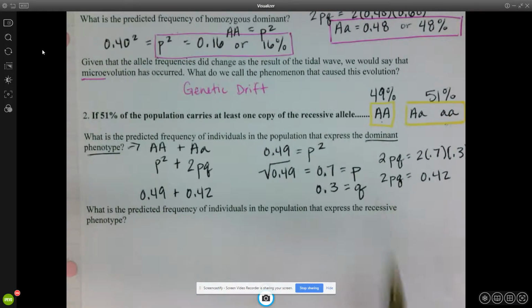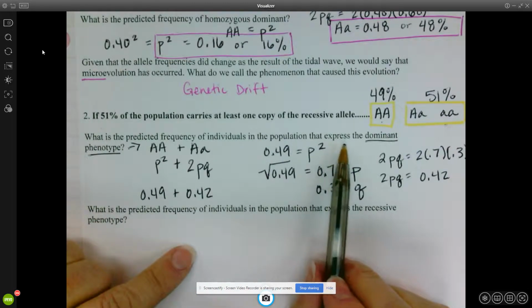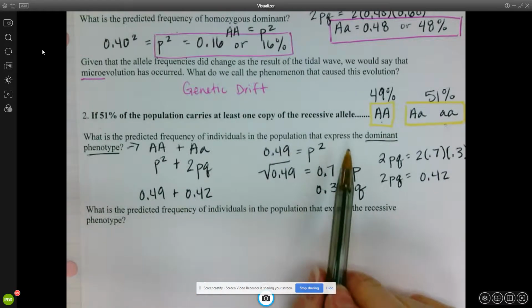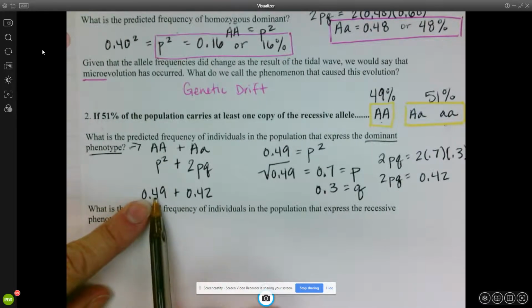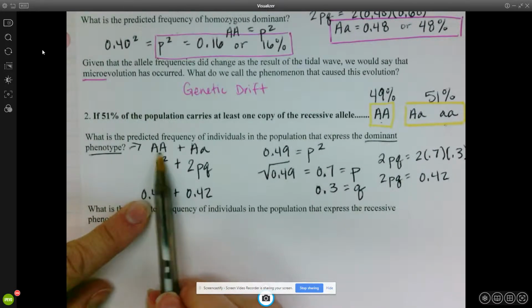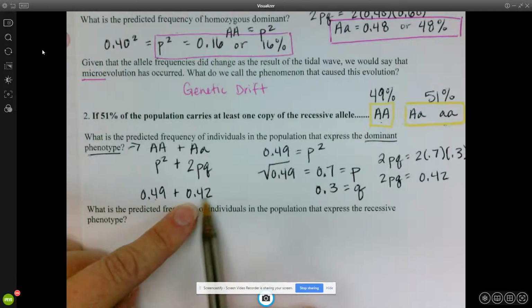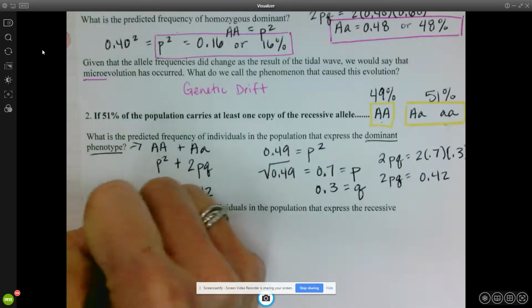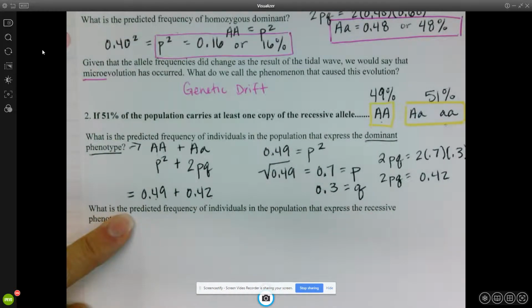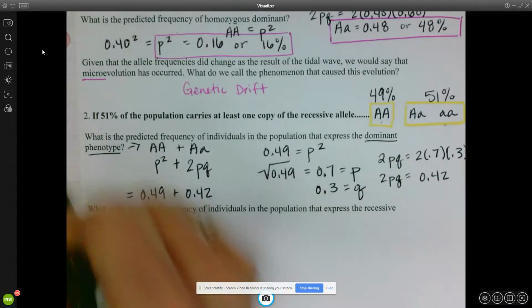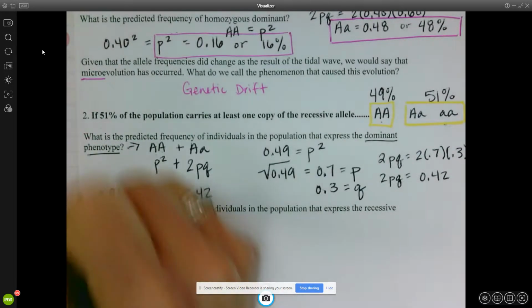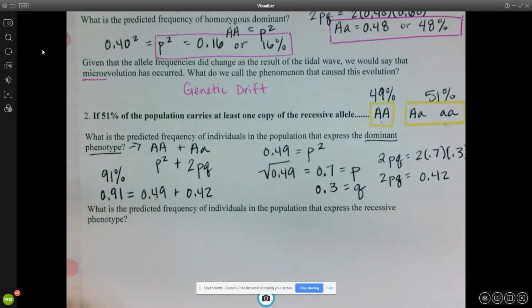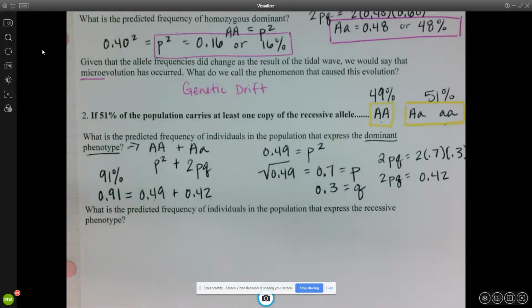No, because we still want to see what percent of the population shows the dominant phenotype. So we have P squared, homozygous dominant. We have now the heterozygotes. So if you add those together, you end up with 91% of the population shows the dominant phenotype.